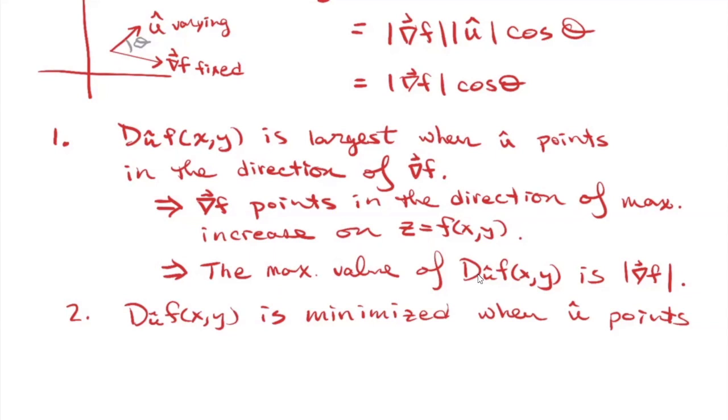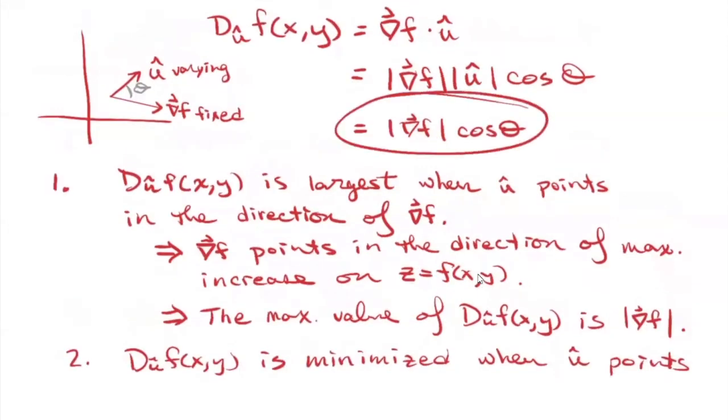I'm asking, where does u point to minimize the directional derivative? And all you have to do is look at this expression here. Opposite direction. Yeah, so that's where theta would be pi, or 180 degrees, which is the opposite direction of the gradient.